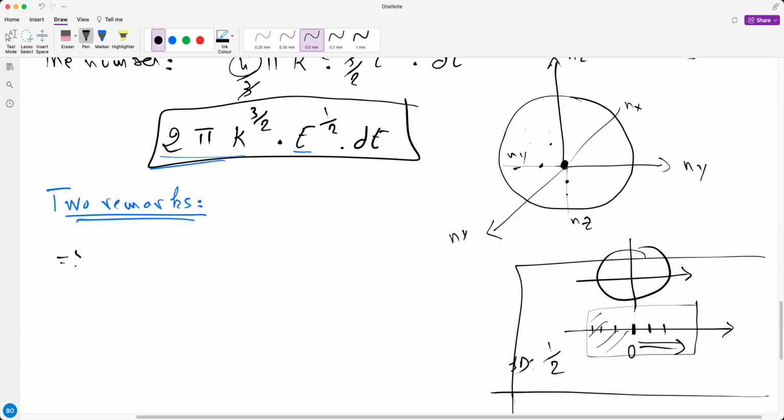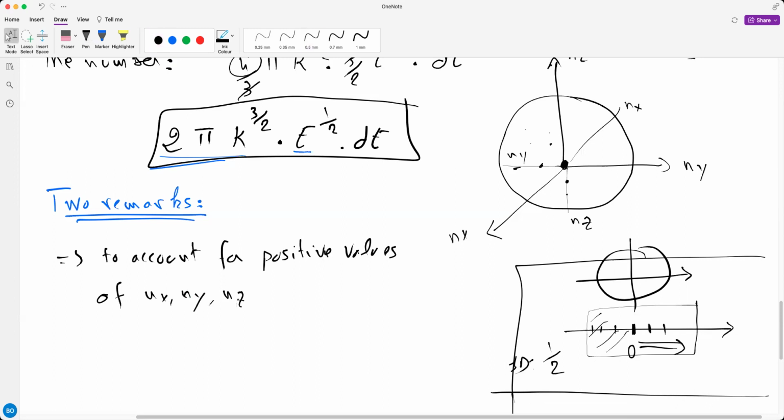So, to account for positive values of nx, ny, and nz only, I have to divide by 8, or multiply by 1/8. This is the first thing. So this quantity should be divided by 8. This is remark number 1.